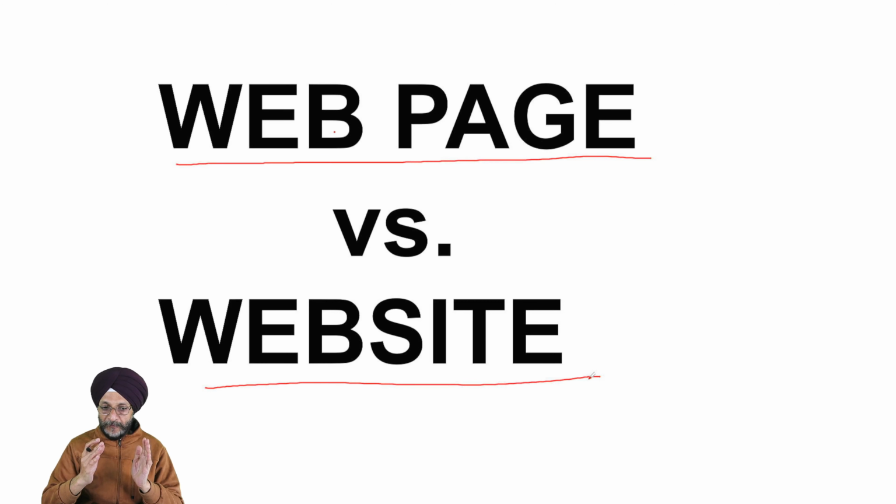It means that whatever we open on the computer, the page which is displayed before us is a web page, and a collection of web pages constitutes the website. We will discuss the difference between web page and website in detail.